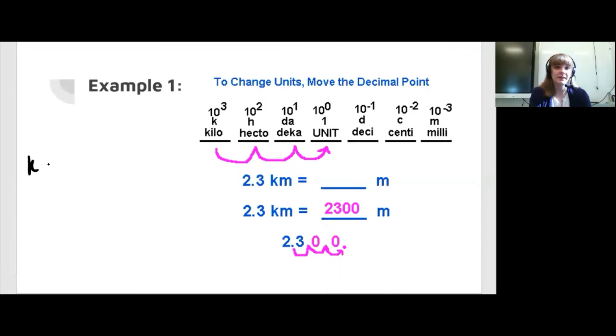I want to go from 2.3 kilometers and convert to meters, and meters is right here with the unit. So I want to go from this one to this one.